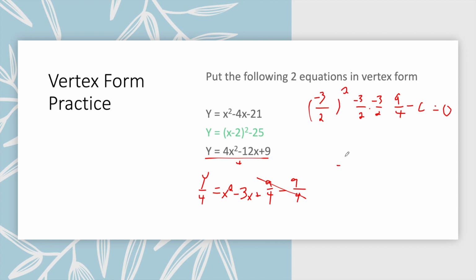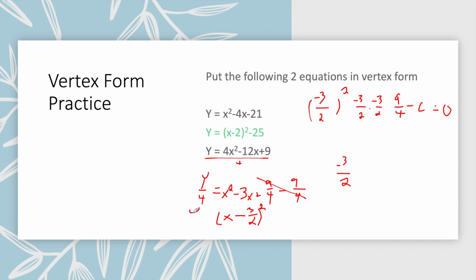So negative 3 divided by 2 is negative 3 halves. If we add x to that, we have x minus 3 halves. And if we square this number, we get x minus 3 halves squared. Because we have no c, you can either put plus 0 or do nothing.